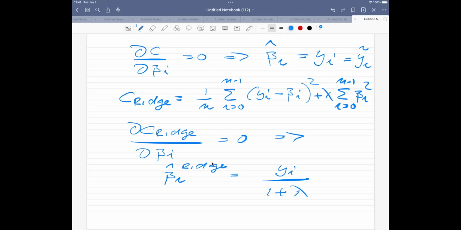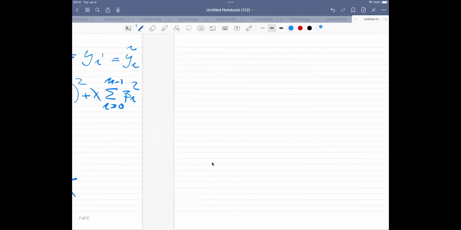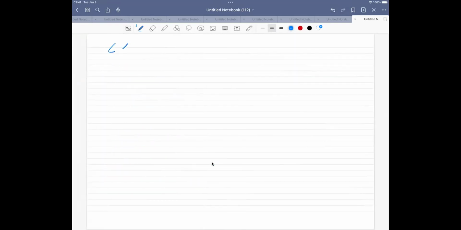So now we're going to introduce the next method, which is called Lasso. What you will see in the literature is that there are many ways to optimize a function. Two of the most common ones are ridge and Lasso regression. Lasso stands for least absolute shrinkage and selection operator.